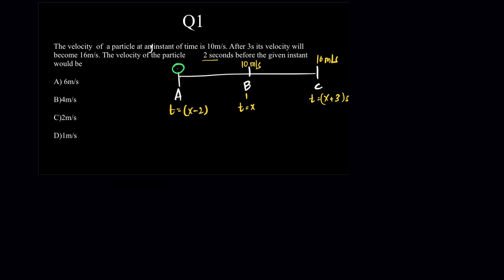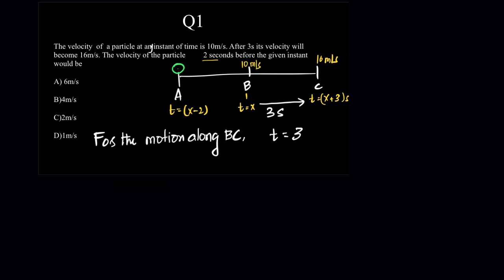See, we know for the motion along BC, the gap of time is 3 seconds. What is the value of u? u is given here as 10 meter per second.